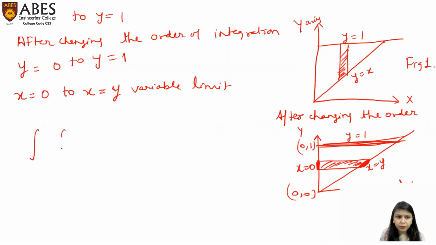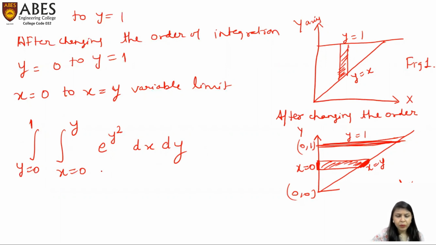We always keep the constant limit in the outer part, and the variable limit in the inner part. So the integral of x from 0 to y of exponential y square, and now the new order will be dx dy. So now we have to solve this integration.